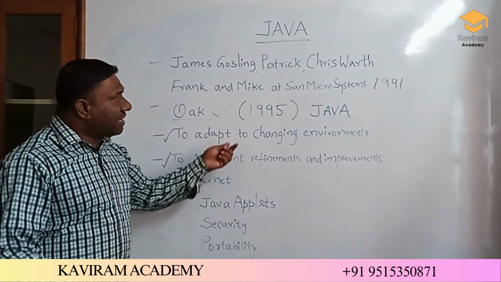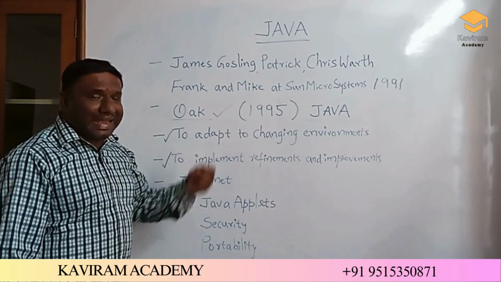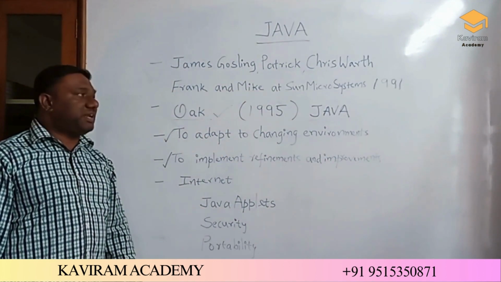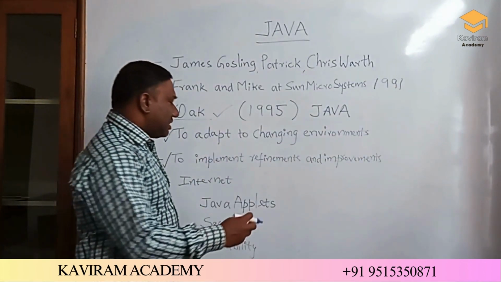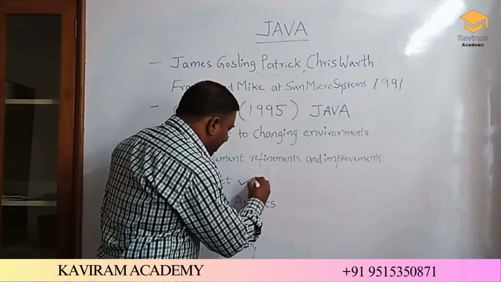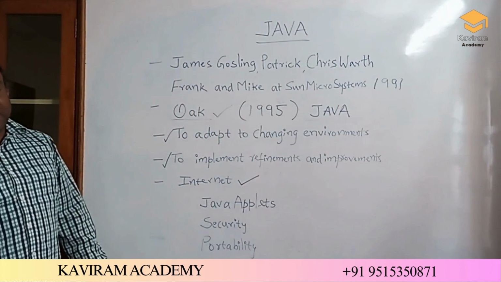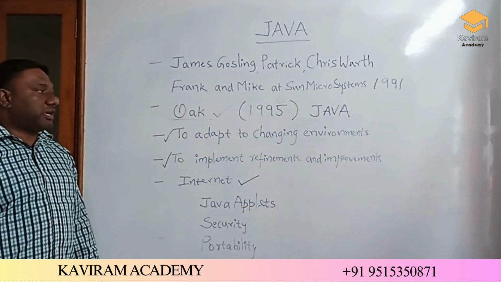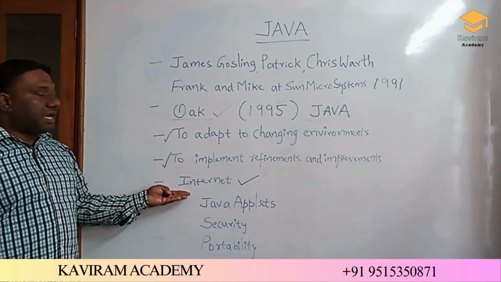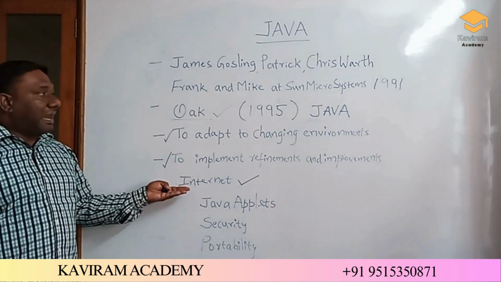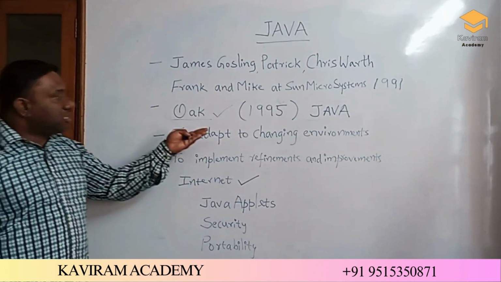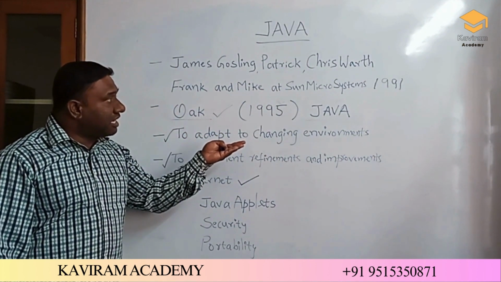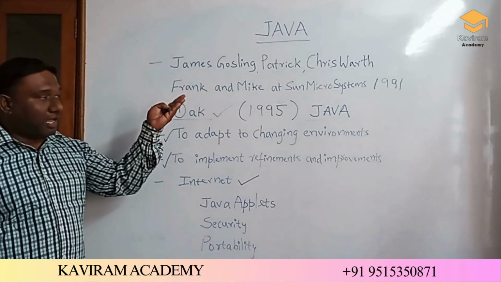Then, in the late 1980s and early 1990s, what was the changing environment in programming? One of the important ones is the internet. The internet was introduced at that time, and these internet features were adapted in the Java programming language.